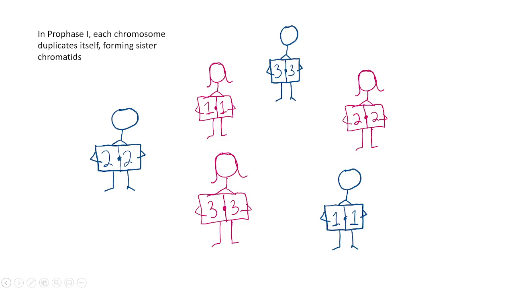And when it duplicates itself, it's going to form 2 sister chromatids. Those sister chromatids are united by a centromere, so we can see this chromosome is duplicated, the blue from number 2 dad, and it's joined together. So each of those 6 chromosomes has made a copy of itself, getting ready for this process of meiosis.